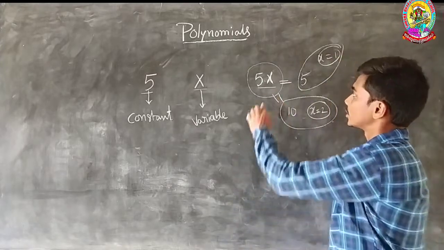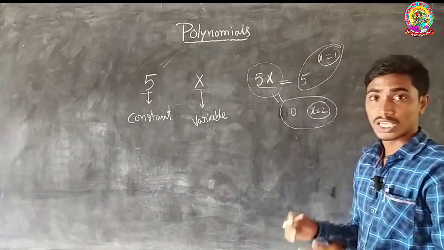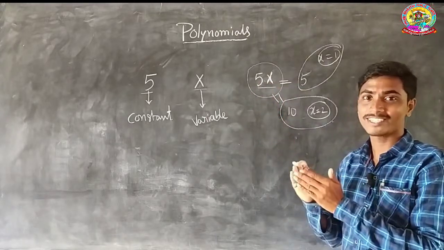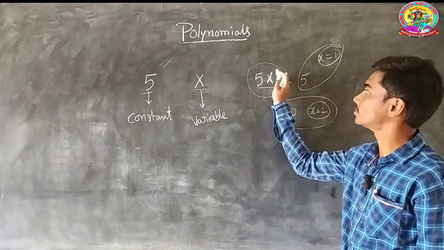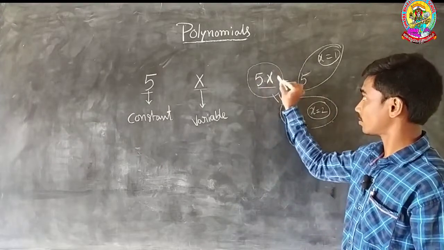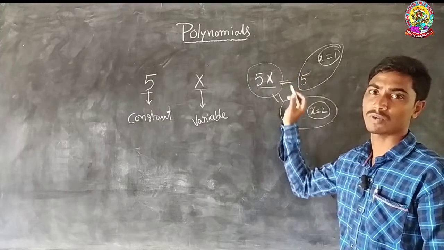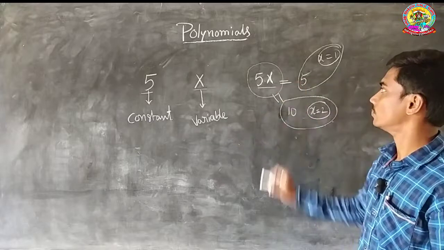If you give x is equal to 3, 5 3s are 15, like this, because if the x value is changing, the entire term value is also changing. So that's why the term consisting of a variable doesn't have a fixed value, so it is a variable.